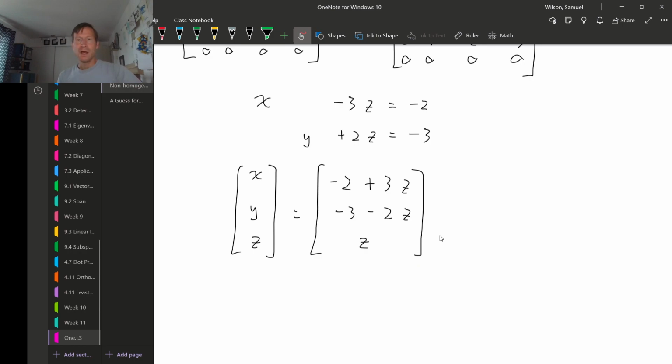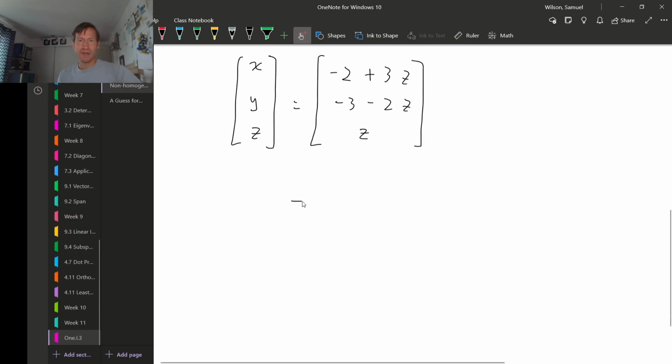Okay. Now we can start picking this apart in the way that we usually do for writing solution sets vector style. So break it up term by term. Here we're going to get one term that's just all constants, so minus 2, minus 3, and 0.